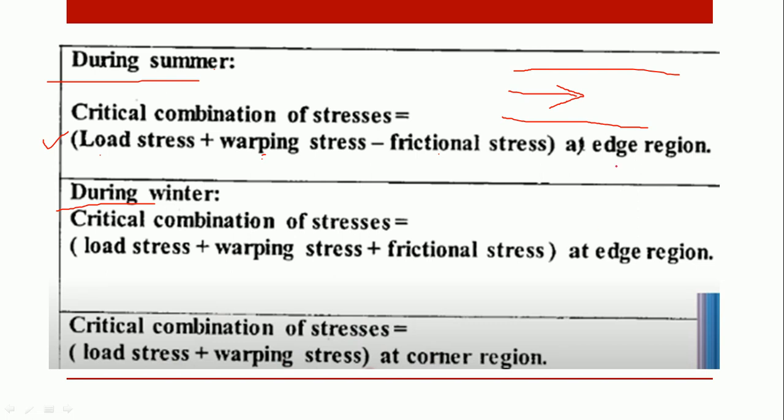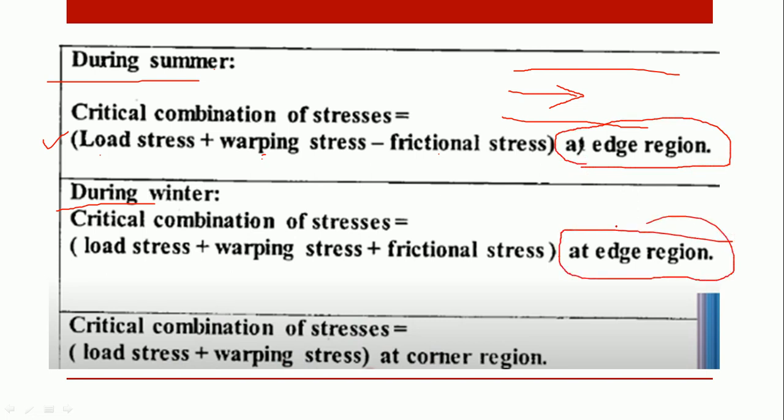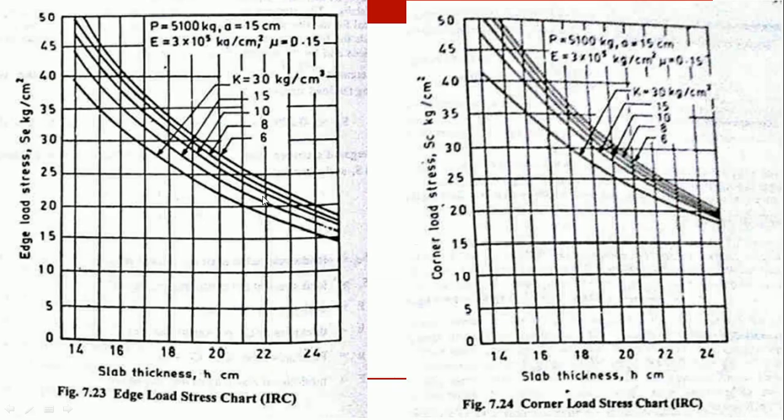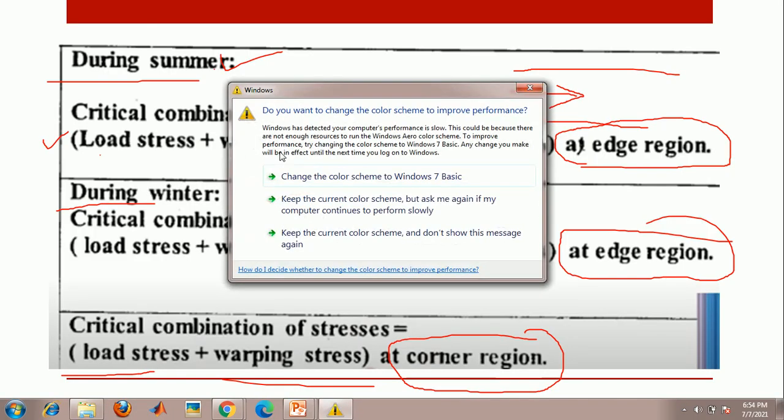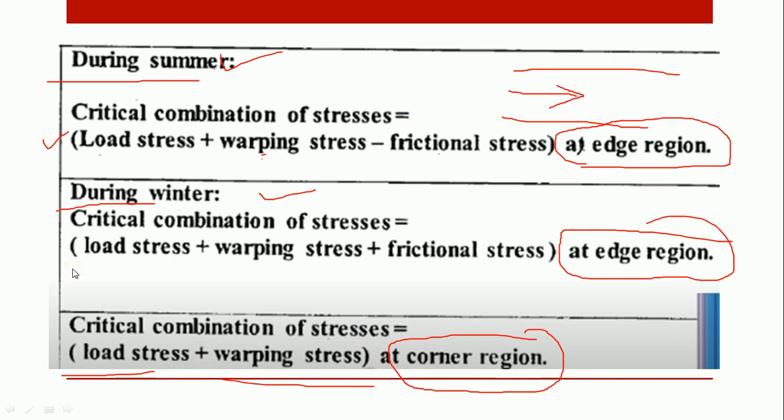That is purely at the edge region. So the critical combination during summer and winter is given for the edge region, and at the corner region we consider only the load stress and the warping stress. We do not consider the frictional stress at the corner. So this is the critical combination of the stresses occurring during the different seasons. This is also important. You need to remember it, because sometimes they will ask you to find the critical combination.